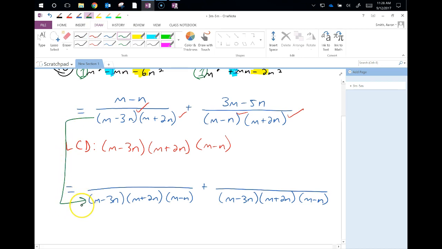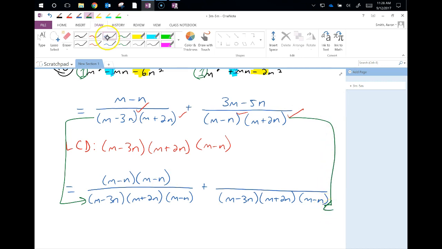So this was my denominator, m minus 3n and m plus 2n, and now I have this. And I notice that I picked up an extra factor of m minus n, so I need to also multiply that in the top. So I'm multiplying with an extra m minus n. Same thing here. I notice I picked up an extra factor of m minus 3n, so I need to multiply that with what's already in the top.